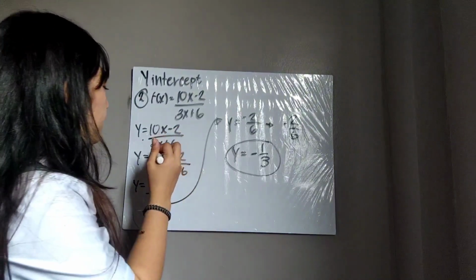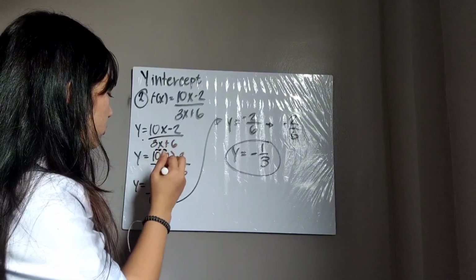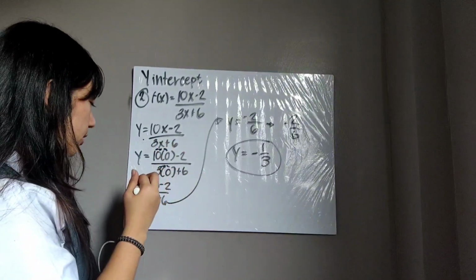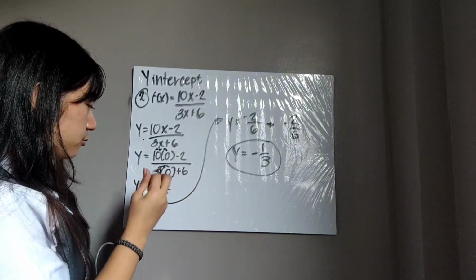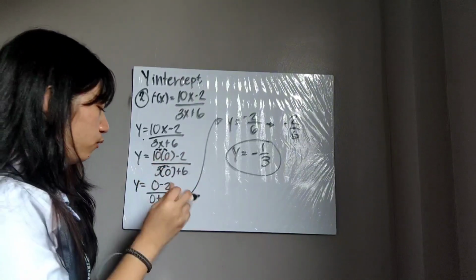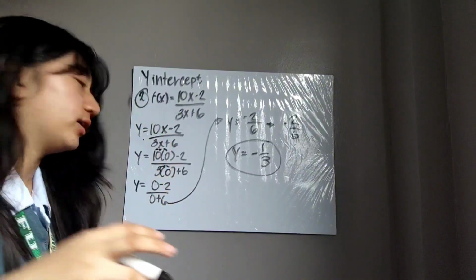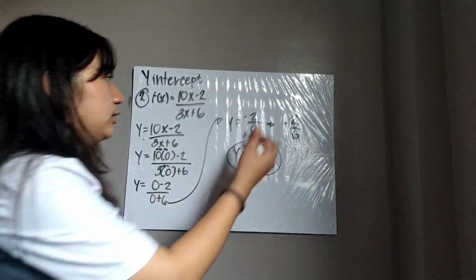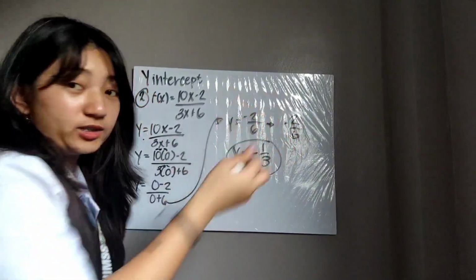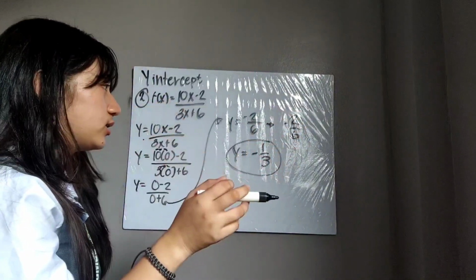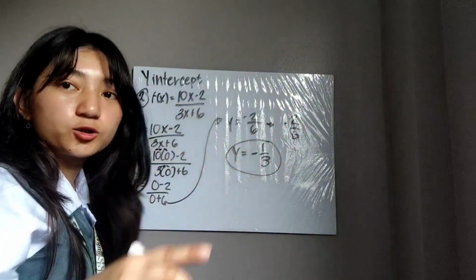So, pag tinimes natin ito, equal is 0. Alright. So, y is equal to 0 minus 2 over 0 plus 6. So, pag minus natin ito, negative 2 over 6 pa rin yung sagot. And pag sinimplify natin, negative 2/6, dahil bawal nga yung negative sa fraction.